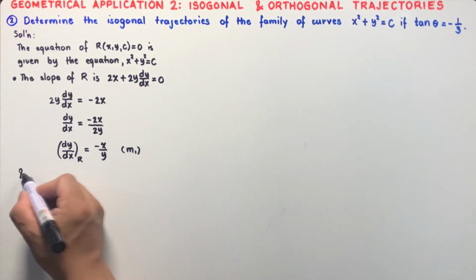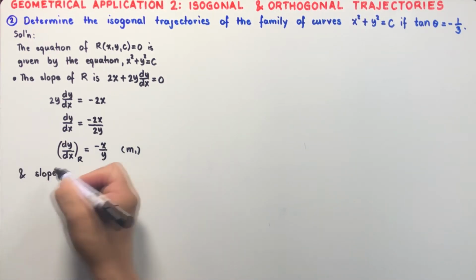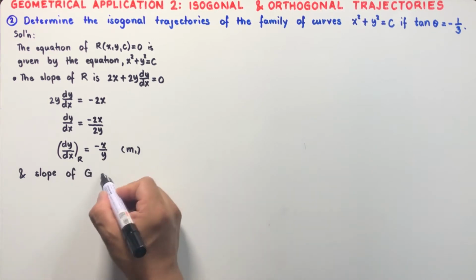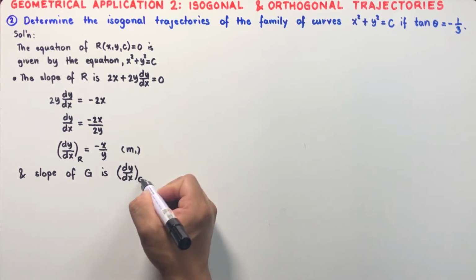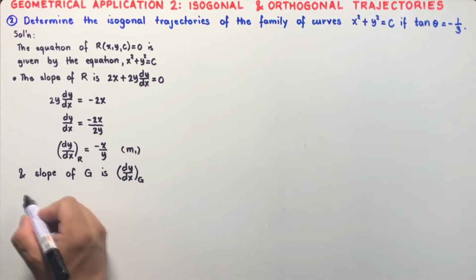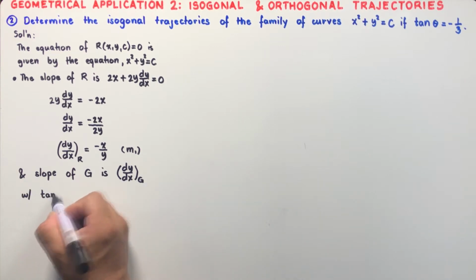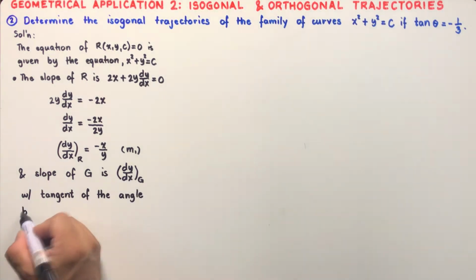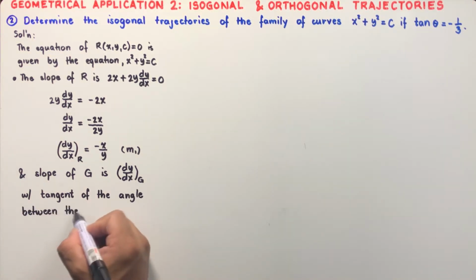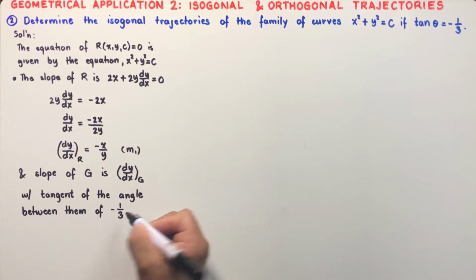And the slope of the unknown family of curves is also the derivative of y with respect to x for this family of curves, with tangent of the angle between them, which is negative 1/3.